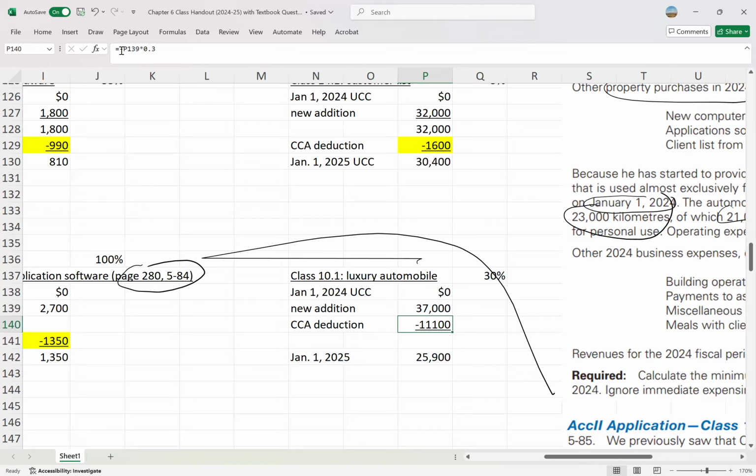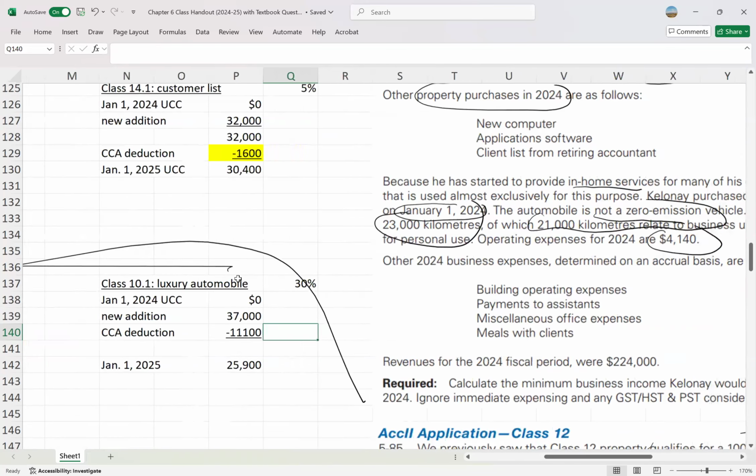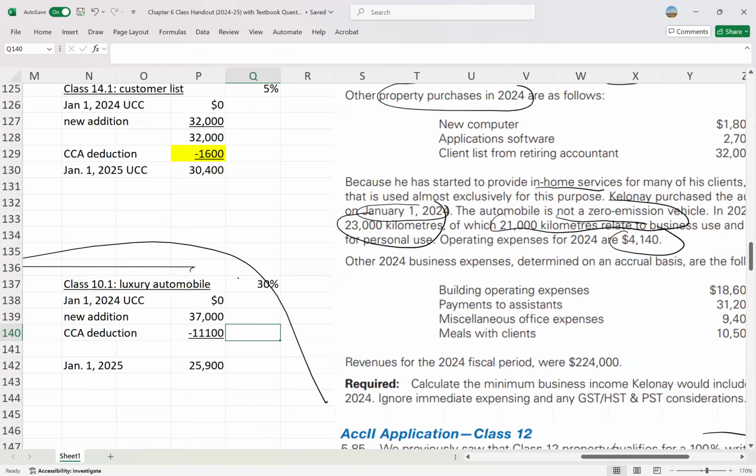Now, because he didn't drive the car entirely for business, this CCA deduction needs to be prorated. If you remember in the question, he drove the car a total of 23,000 kilometers, but only 21,000 were for business. So we add the full 37,000 to the class 10.1, and then we figure out the CCA based on the full amount.